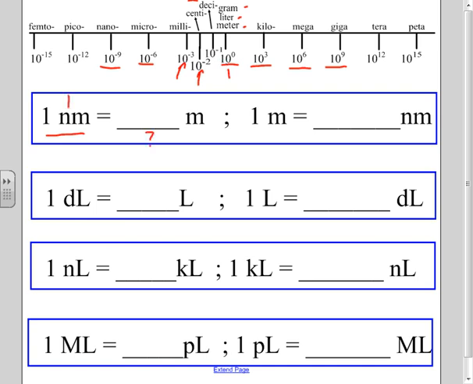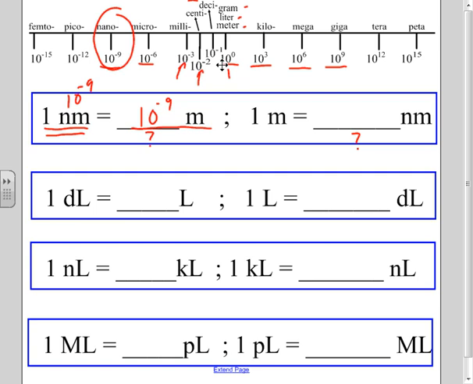Well, a nanometer is 10 to the minus 9th meters by definition, and so a nanometer equals 10 to the minus 9th meters. Literally, this says a billionth of a meter equals a billionth of a meter. And on the other side, if we ask 1 meter equals how many nanometers, again, a nanometer is a billionth of a meter.